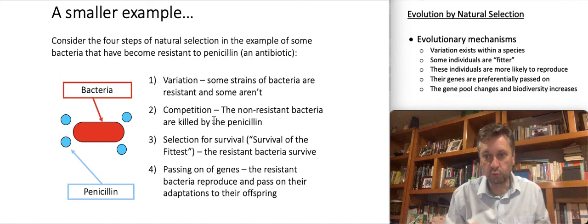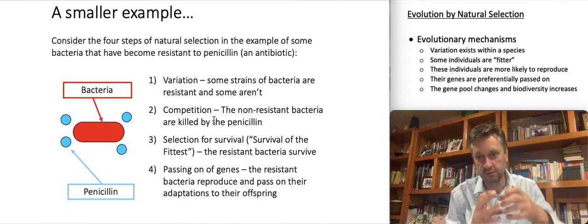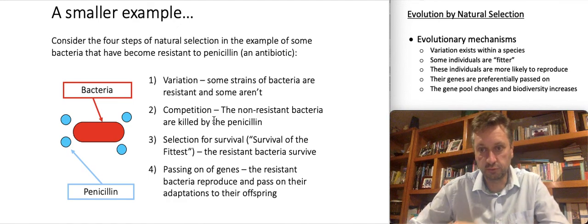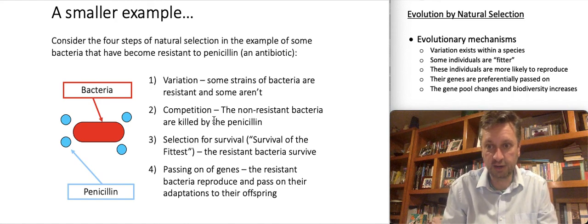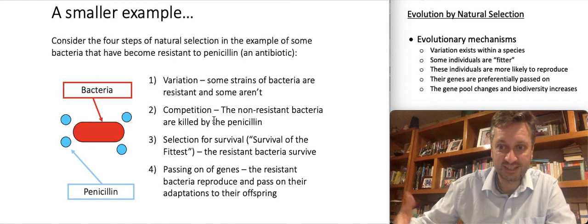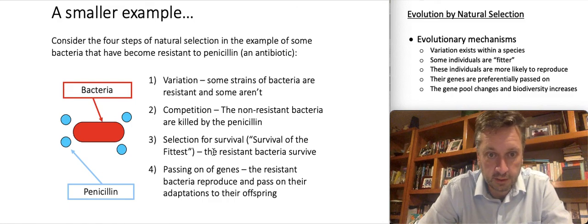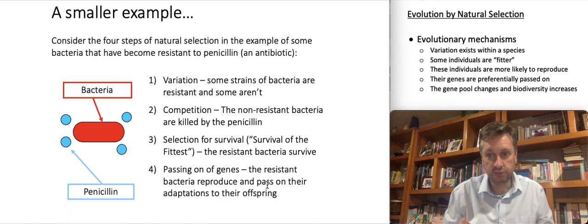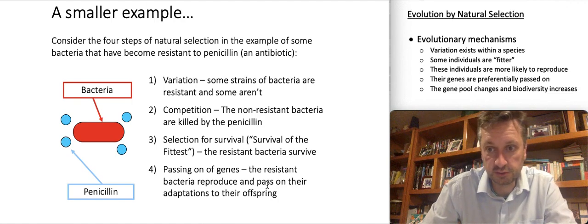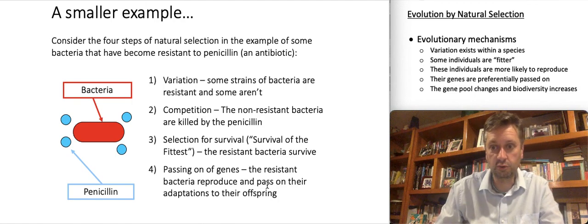So over time, within the gene pool, we decrease the occurrence of genes for non-resistant bacteria, and we increase the incidence of genes for penicillin resistance. Selection for survival exists. The resistant bacteria reproduce and they pass on the genes for resistance to the offspring, or to the daughter bacteria, we could say.